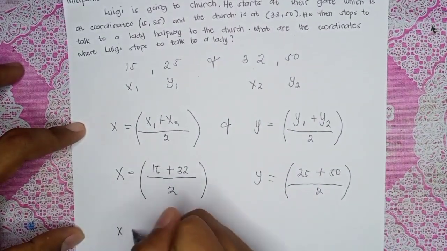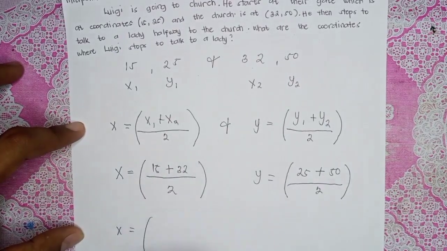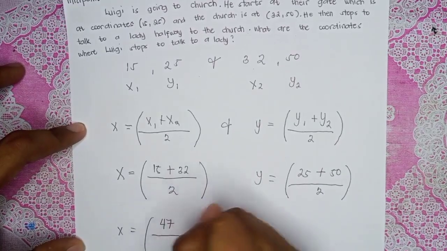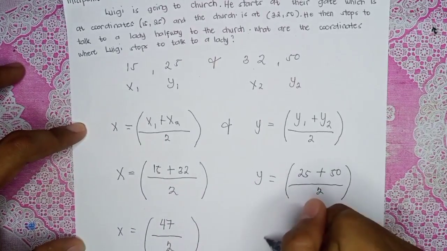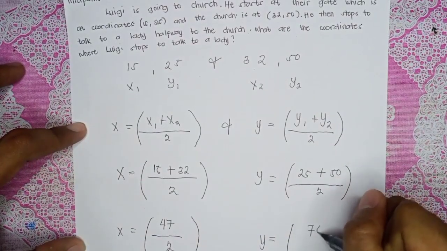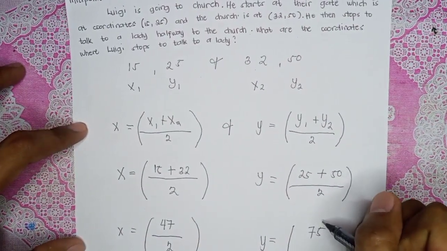Then x equals 15 plus 32, which is 47, over 2, and y equals 75 over 2.